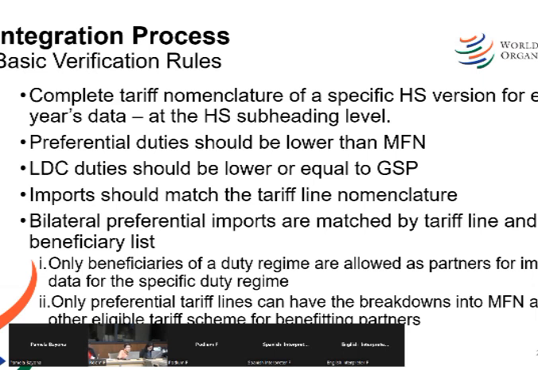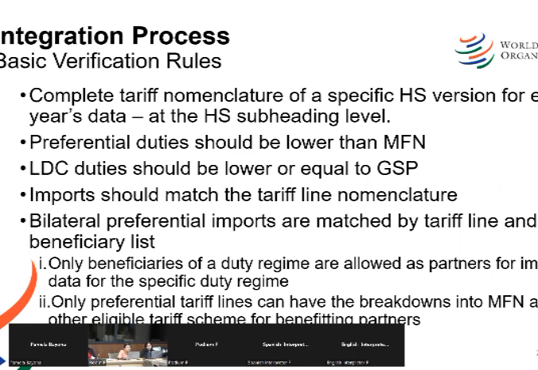However, LDC duties could be lower or equal to GSP. So for LDC duties which are equal to the GSP, we assume that the rules of origin are less stringent. That's why we allow that LDC imports can be equal, in terms of rate, to the GSP rate.